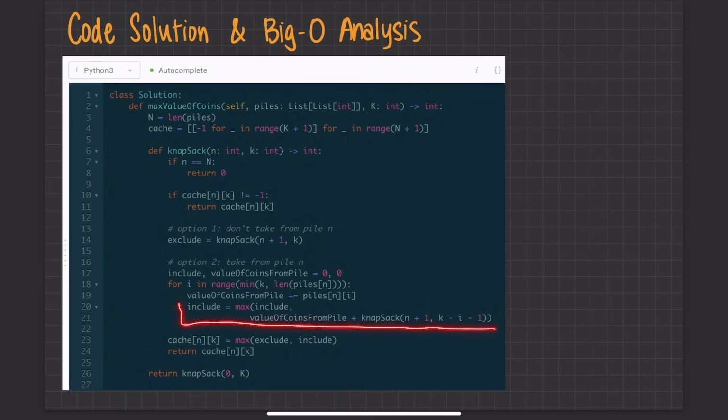This is our value so far. In the end, we update our cache to have the maximum between the exclude and the include, whichever gives us the maximum, and we return the value calculated.